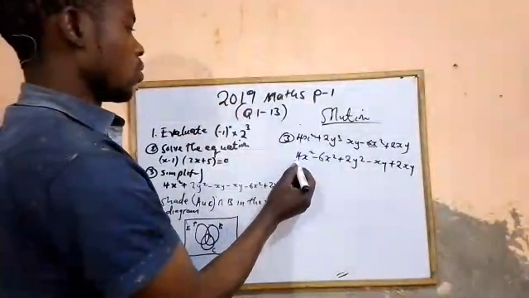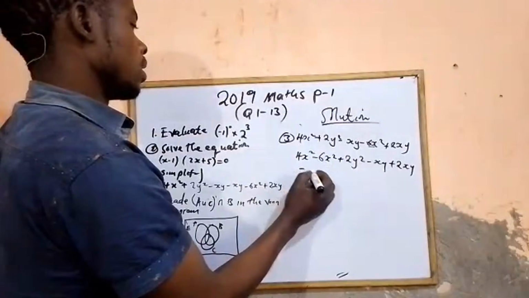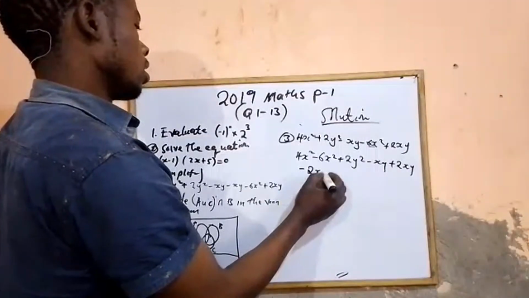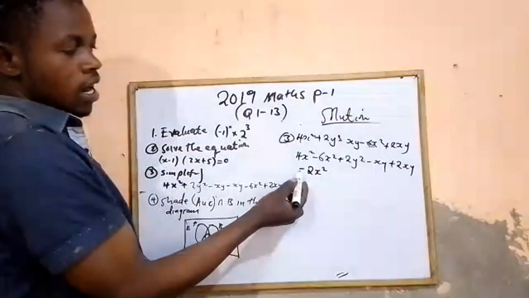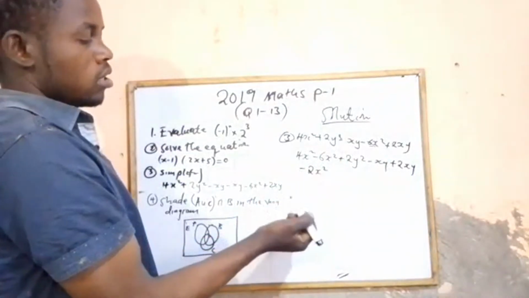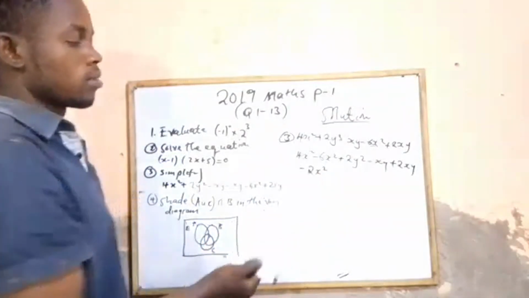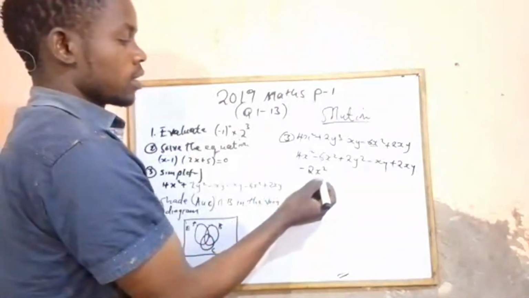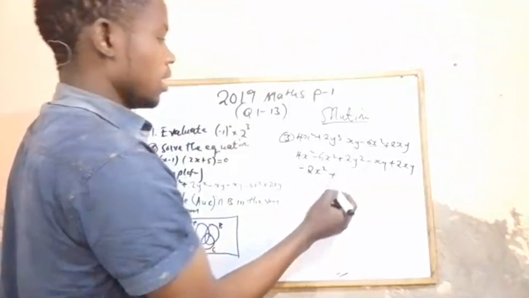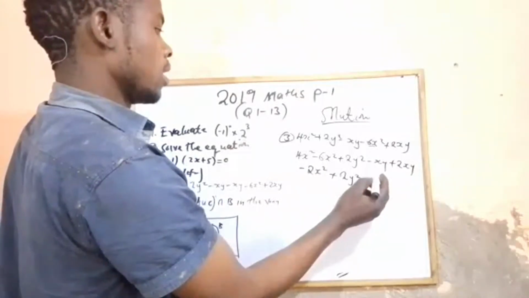So 4x squared minus 6x squared, you are going to have minus 2x squared. Why did I come up with negative 2x squared? Because we are subtracting the bigger number from the smaller number, which gives negative 2x squared, and plus 2y squared.